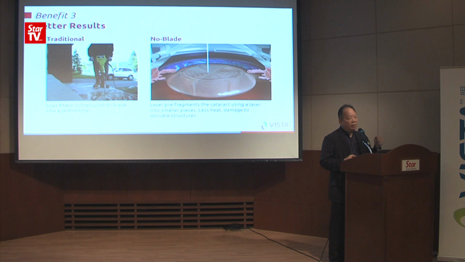The ultrasound works like a jackhammer, and because of that, heat is produced. Whereas the femtosecond laser is so fast. The speed of a femtosecond laser is 10 to the power of minus 15 of a second. Can you imagine? It's so fast that heat is hardly produced. So as a result, you don't see so much haze in the cornea the next day.